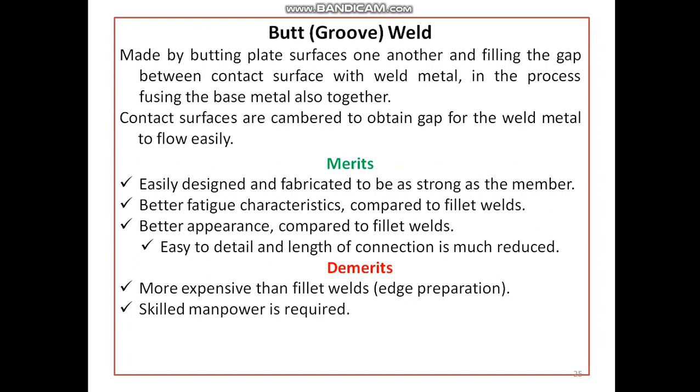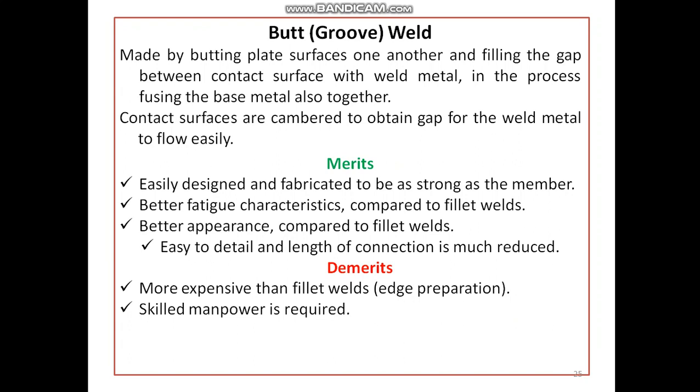Let us see another type of welding, that is butt weld or groove welds. So a butt weld is used to join the ends of pieces of same or different thickness usually. The efficiency of this joint usually depends on full penetration of the weld at the joint.